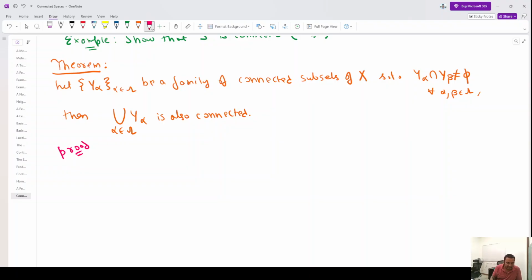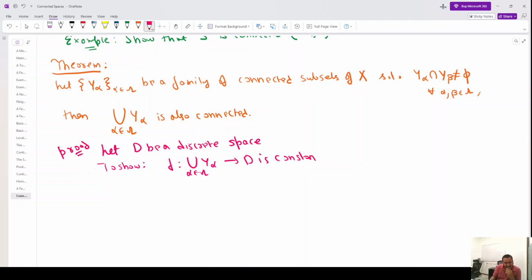Okay, so let D be a discrete space. To show f from the union of Y_alpha to D is constant, right, guys? That's what we have to show.